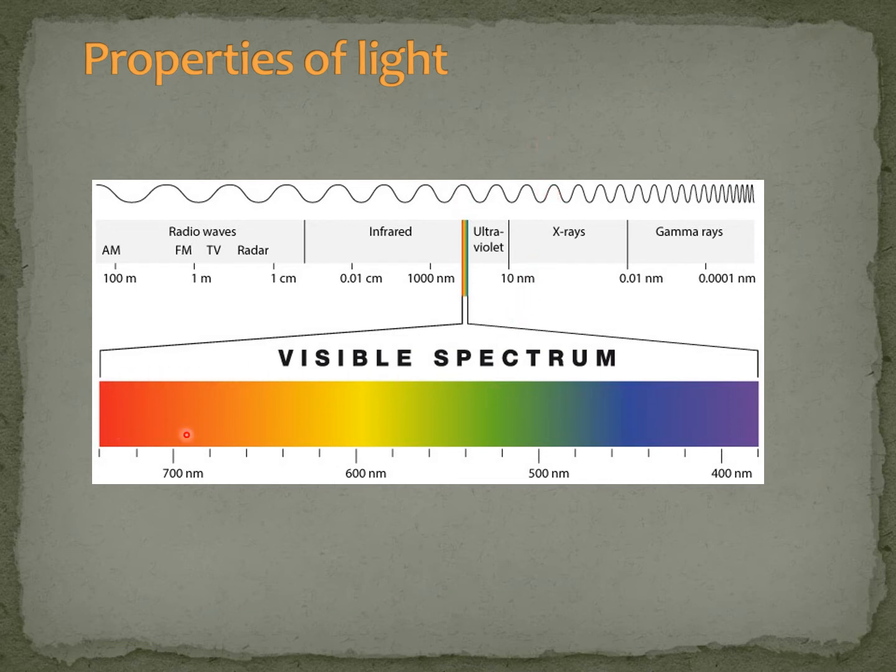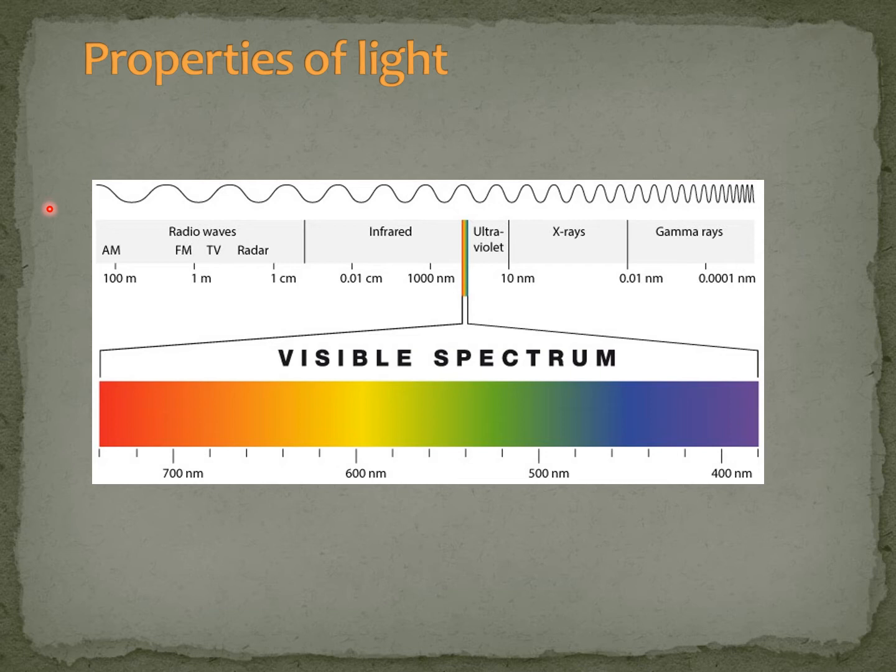We can only see waves that range from around 700 nanometers to 400 nanometers in wavelength. That means that shorter wavelength rays we actually cannot see, or longer wavelength rays, we don't see them either.